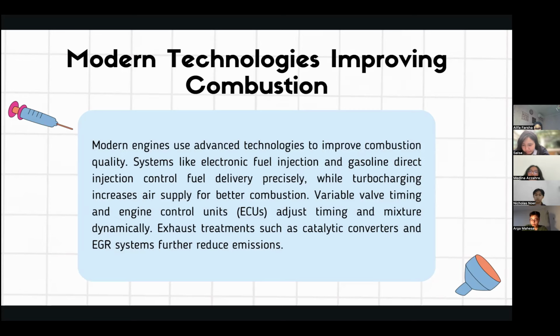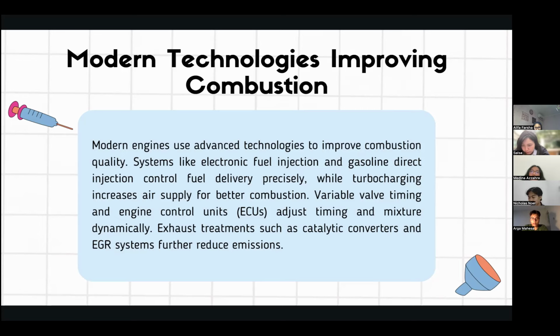So in conclusion, combustion analysis is essential for developing engines that are efficient, powerful, and environmentally friendly. By studying how the air-fuel mixture burns using measurements such as temperature, pressure, and exhaust gas composition, engineers can determine how effectively fuel is being converted into energy.